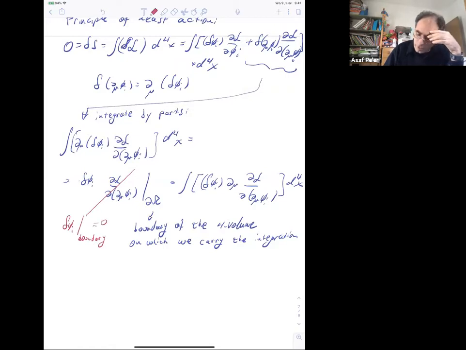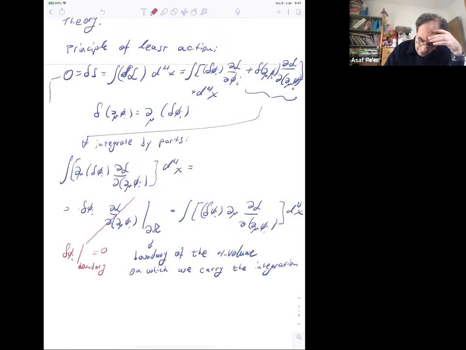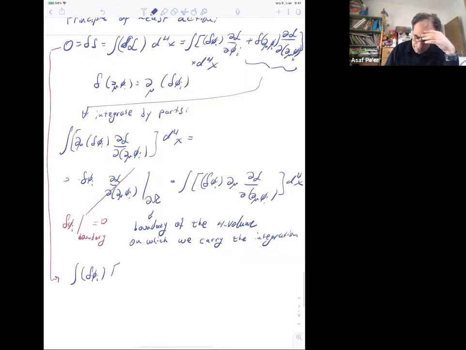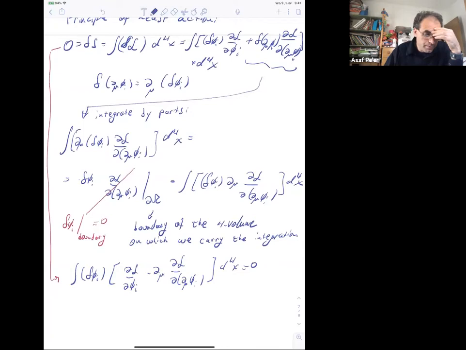And we get back from here the integral of delta phi_i times dL over d phi_i minus d_mu dL over d(d_mu phi_i), d^4x is equal to 0.